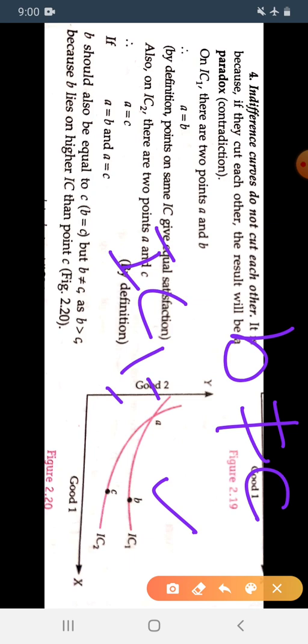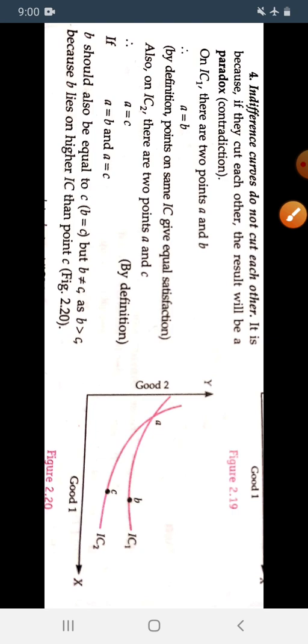So we can't say that B equals C, because B is on IC1 and C is on IC2. The rightward IC curve will always give more satisfaction than the leftward IC.